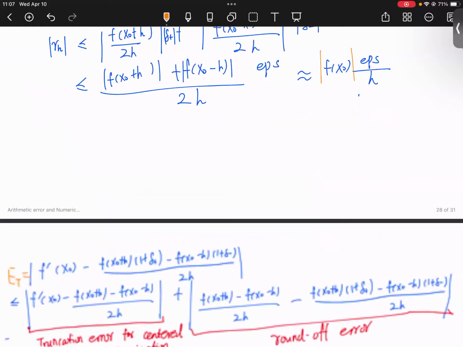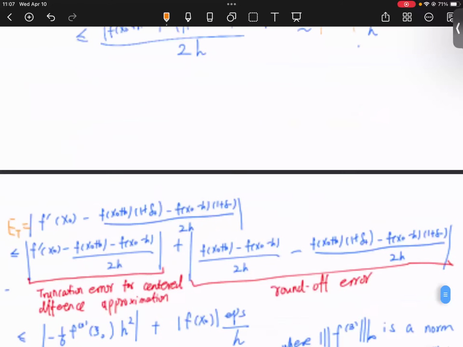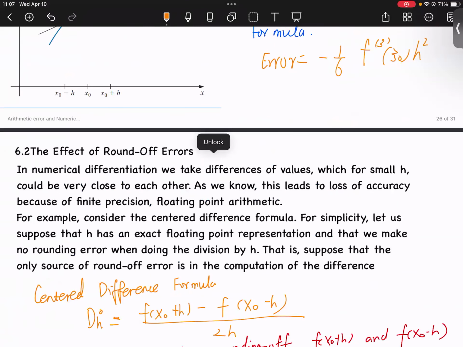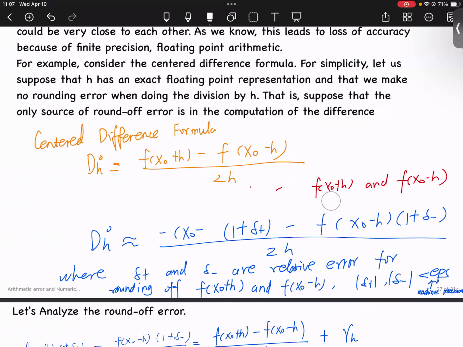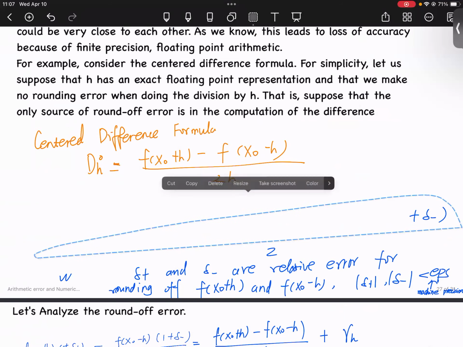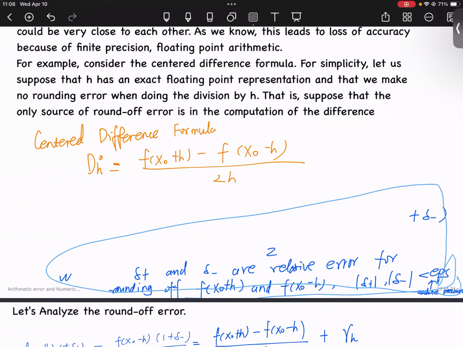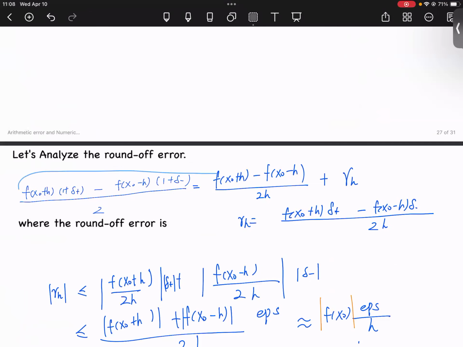Next, the next thing we have to talk about is the rounding-off errors. We just mentioned the rounding errors for the numbers, and for the operations: additions, divisions, and multiplication.